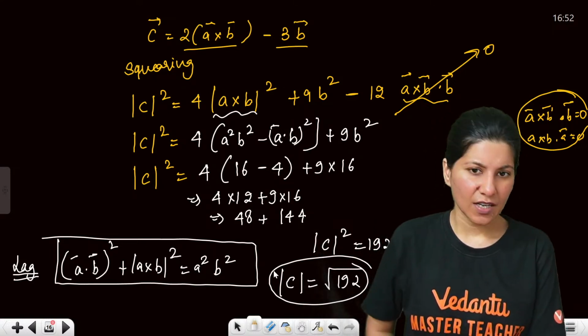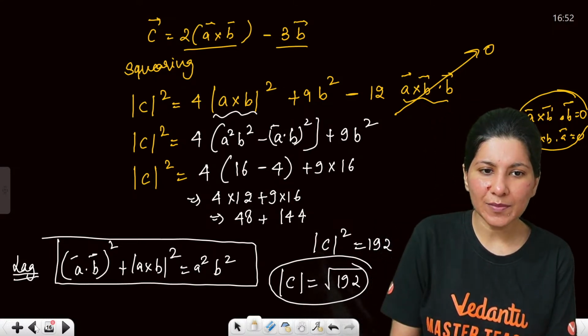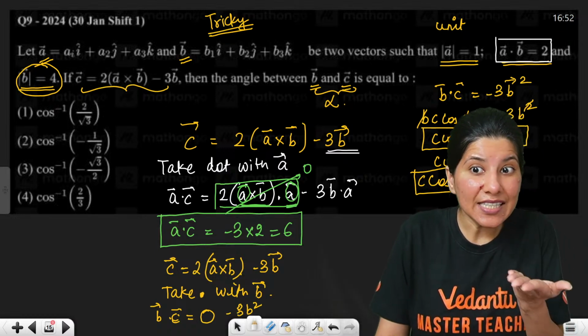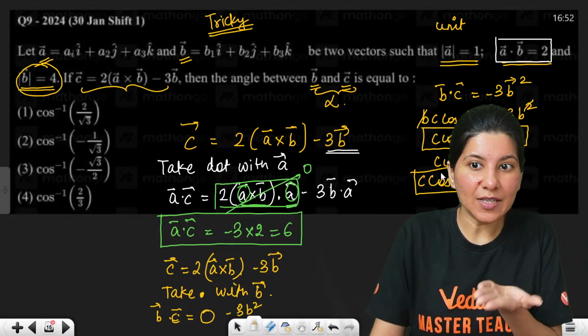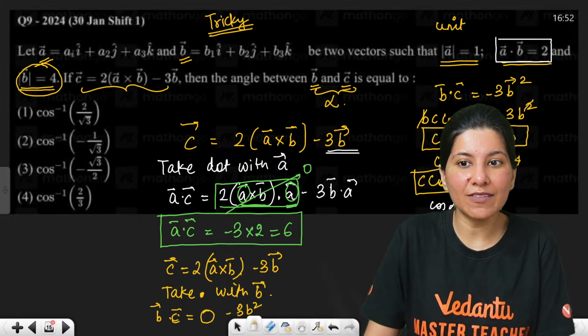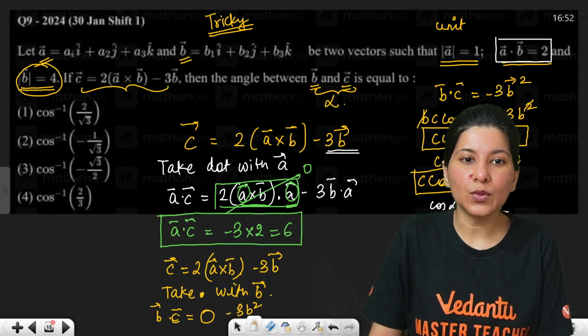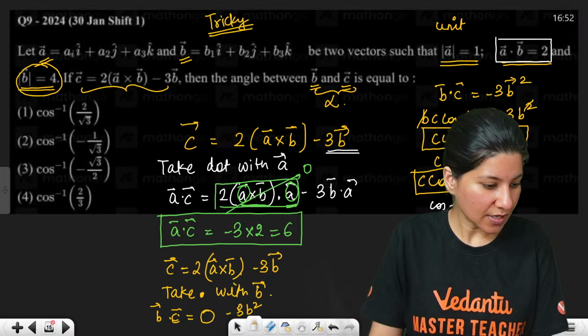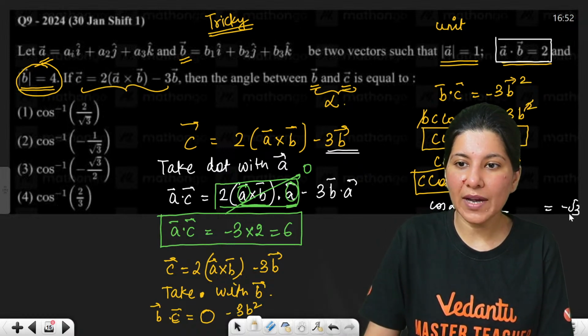Yes. Now again, what are we looking for? Let me just go back. C is something we were looking for, the angle between B and C. So cos alpha is minus 2 by root 192, which is your answer, and that gives you minus root 3 by 2.